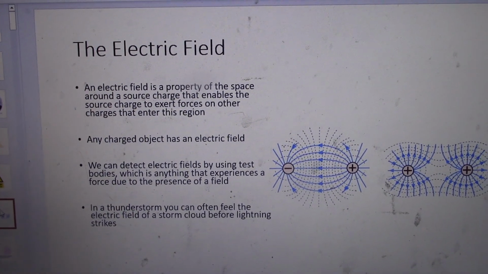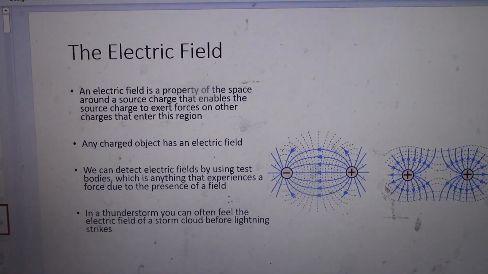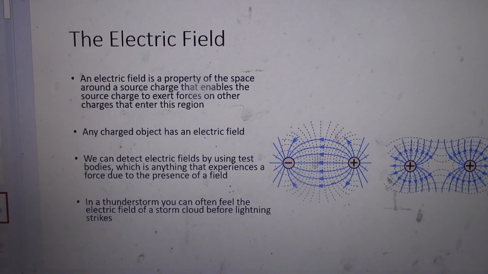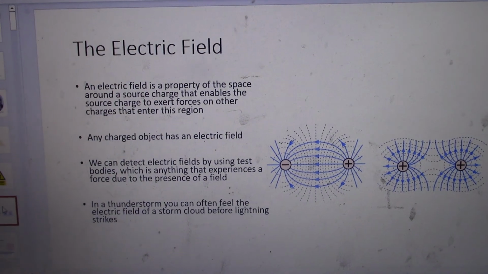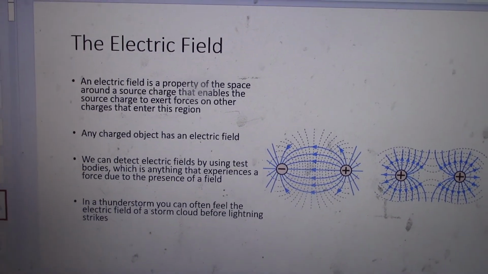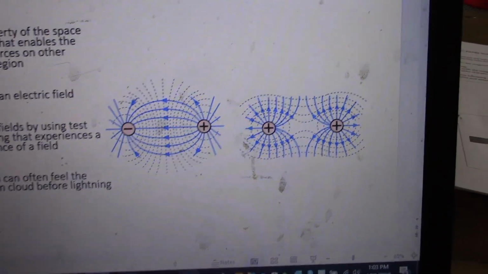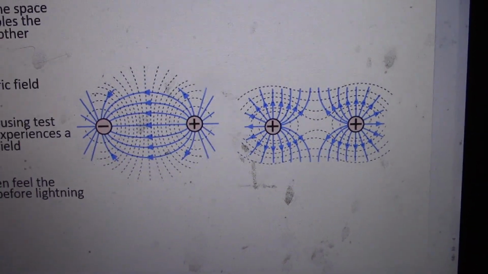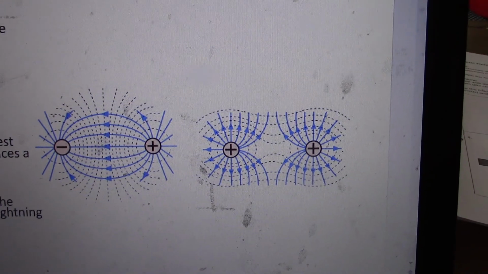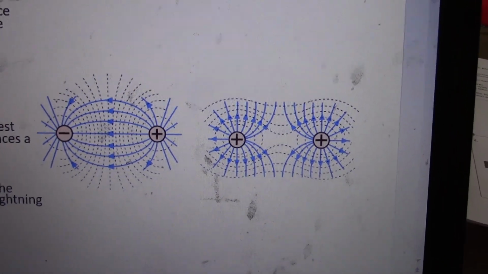So something that's negatively charged and something that's positively charged. Any charged object has an electric field. So you do have positive and negative charges. Unlike charges attract and like charges repel. Electric field strength lines always go from a positive test body to a negative test body, and you can see this.